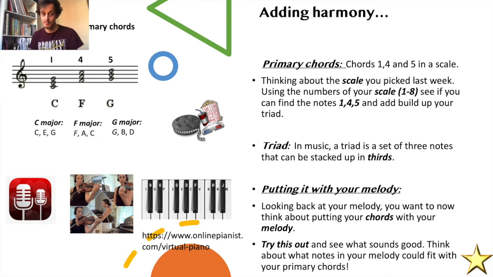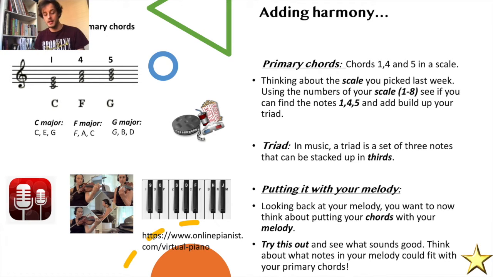So if we take C, we put a third on, so we've got an E, then add another third on, skip a note, and we've got our G. That there, C, E and G, is a C major chord, and that's chord 1. So that's our first primary chord in C major.